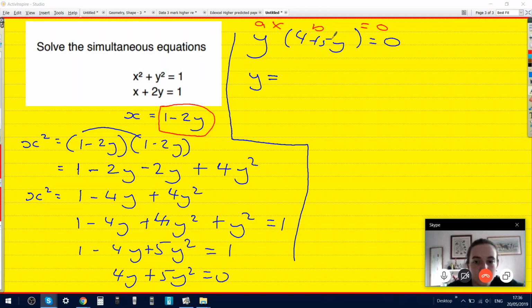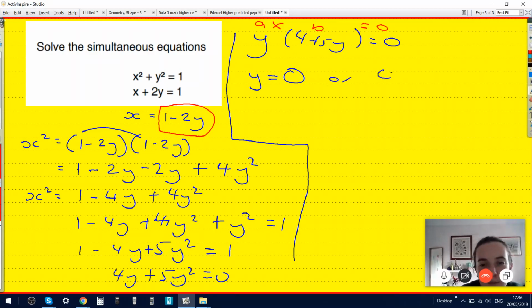So two things multiplied to make 0. Either the first one is 0 or the second one is 0. So either y is 0 or 4 plus 5y is 0.